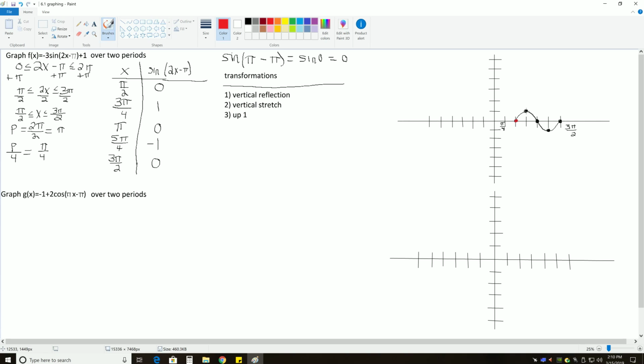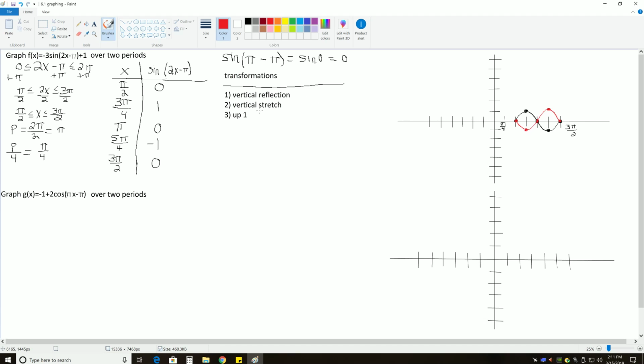This point at the top of this hill is going to come down as a valley. Again, this point will stay where it is. This valley will become a hill. And finally, this point will stay where it is again, giving us a new graph that looks like this.